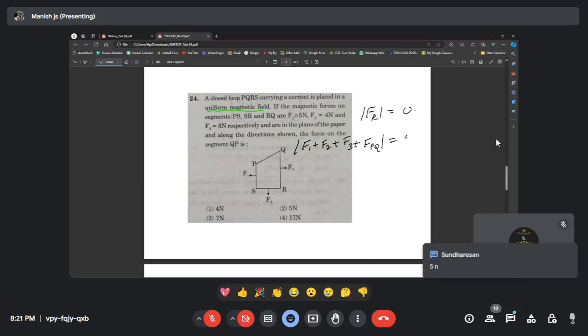So this is equal to 0. PQ or QP, anyways. Having this information, we will have to solve. So what is the force acting on PQ? How do we do that? Because the sum is 0, what can we do?